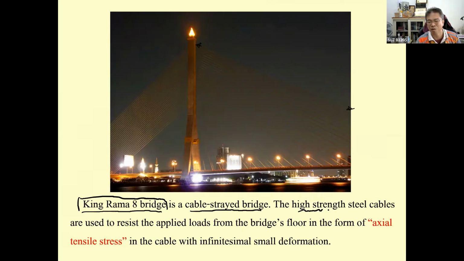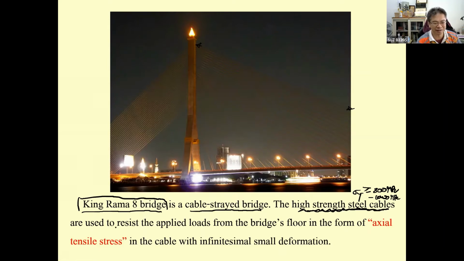The cable is built from high strength steel cable, most of the time sigma sub y of this cable is larger than 800 megapascal. Okay, it can be 800 to 1000 megapascal. This kind of steel cable is also wrapped by some kind of special metal sheet to protect it from water, from humidity, from corrosion.